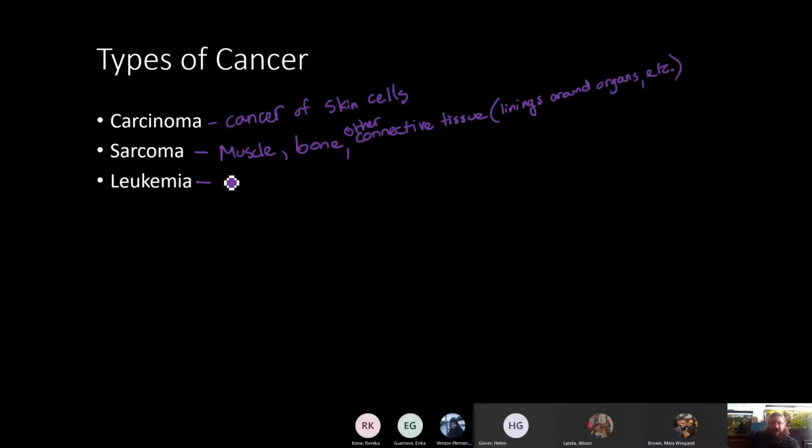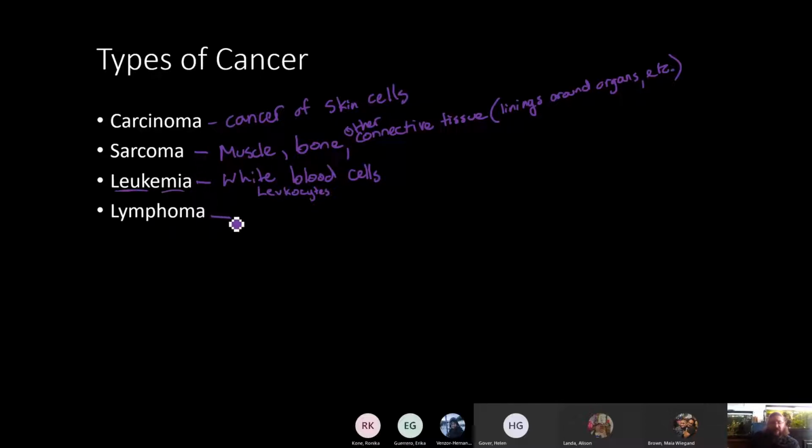Leukemia is cancer in white blood cells. White blood cells are leukocytes, hence leukemia.